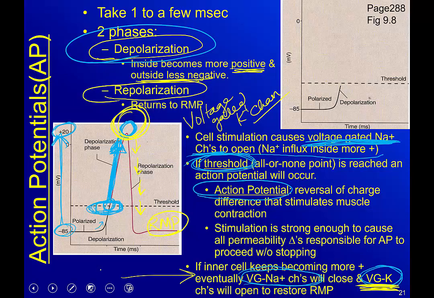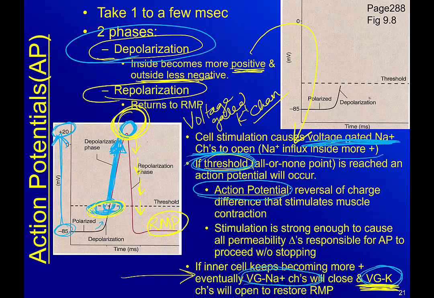So I've got depolarization. The inside becomes more positive, the outside becomes less negative because voltage-gated sodium channels open up and there's an influx of sodium. If I reach threshold, this all or none point here, then I have an action potential and muscle contraction.